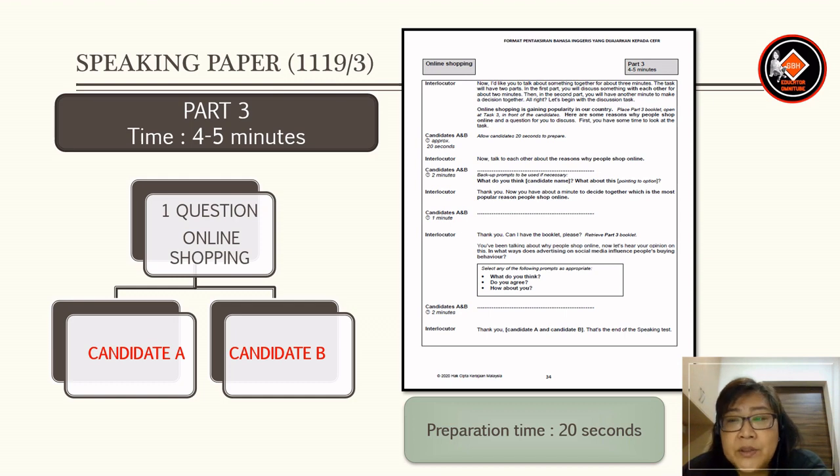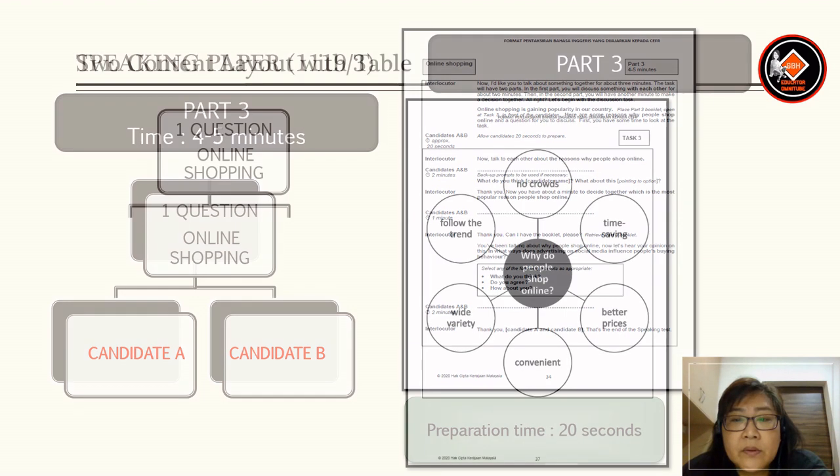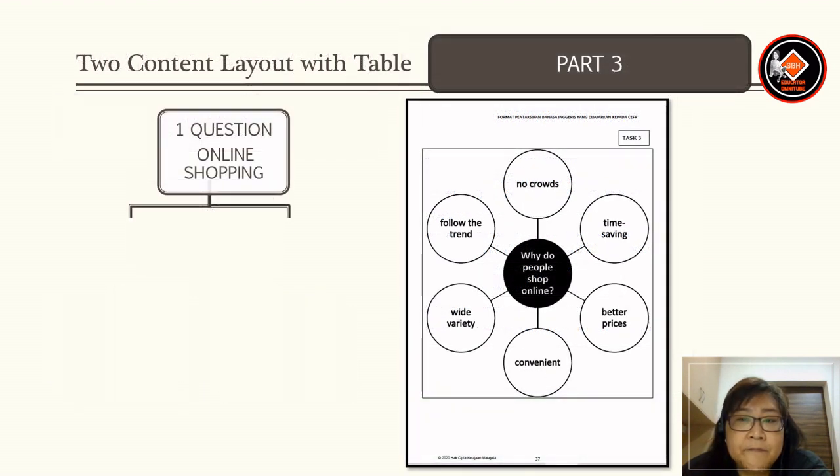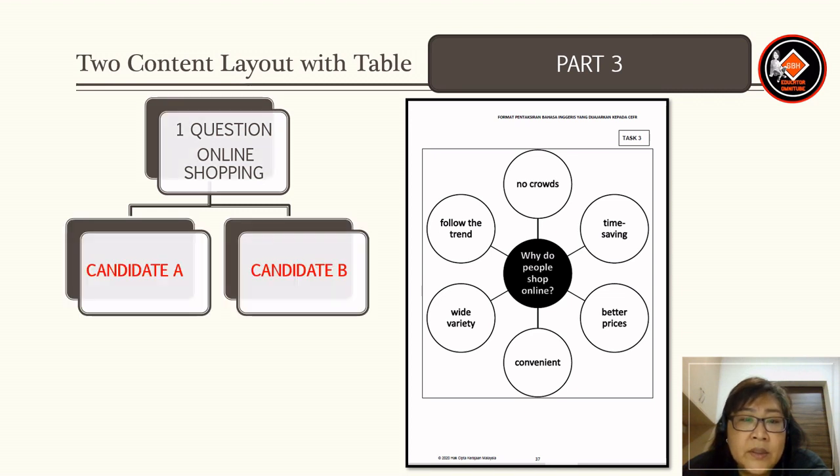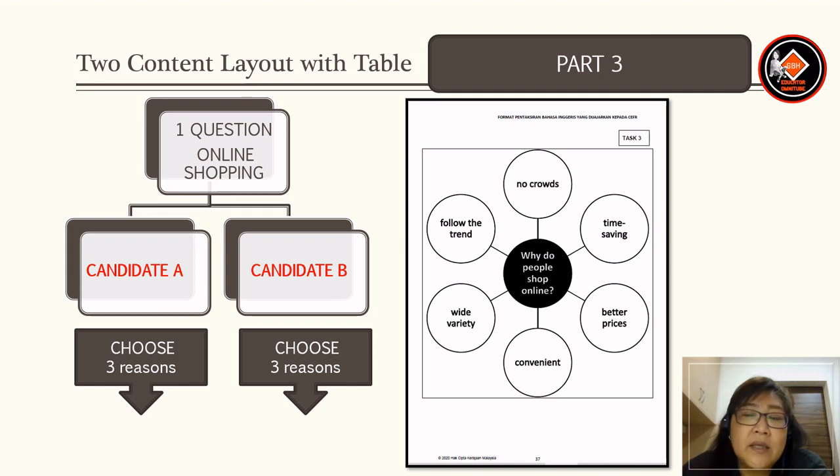Let's look at the question. So this is a question. Online shopping, you can see a mind map. So this is in your booklet. The suggestion will be candidate A can choose 3 reasons and candidate B can choose another 3 reasons.